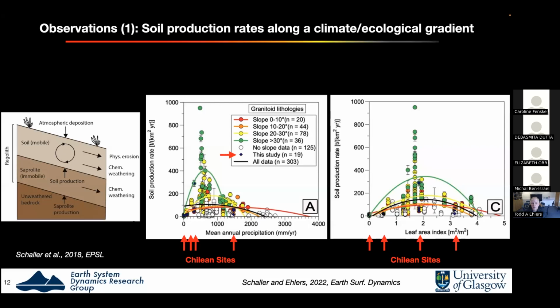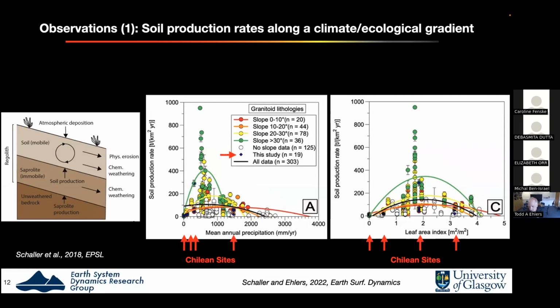And the root base for these different plants is not deep enough to do this nutrient acquisition. So what you end up with in these types of settings are ecosystems where you have a lot of nutrient recycling going on. And that has a noticeable effect on the soil production rates, in that you're going to decrease the soil production rate simply because you're shielding the fresh bedrock from the biogenic activity.